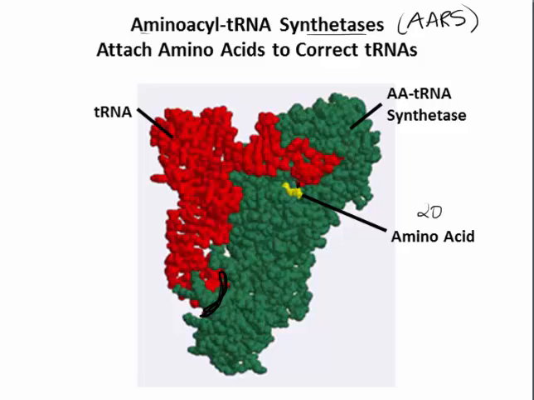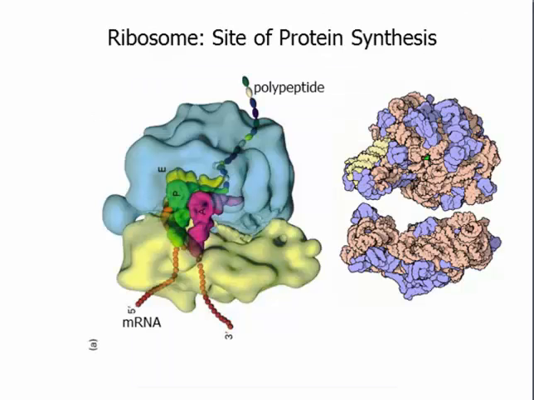Let's turn our attention now to the ribosome and see how all of these components come together in the process of protein synthesis. So this is a depiction of the overall structure of an assembled ribosome. As we've talked about before, we have the small subunit and we have the large subunit in both eukaryotes and prokaryotes.